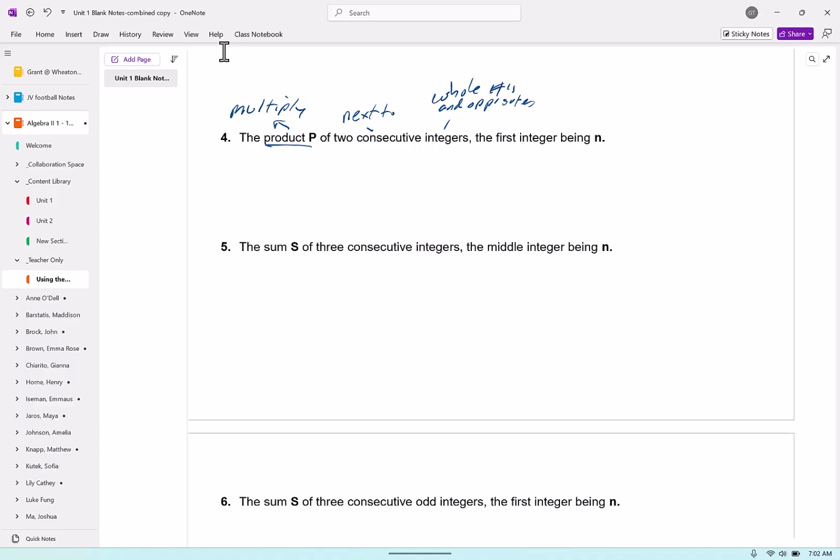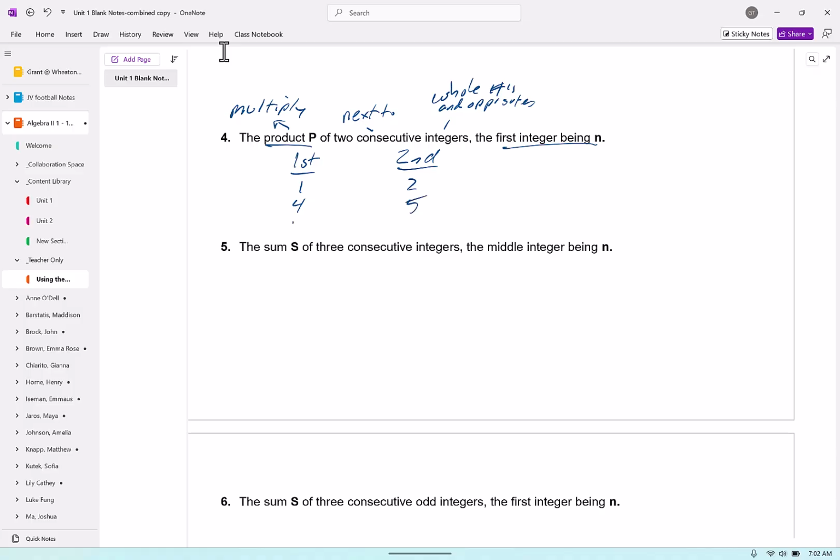We're going to represent the first integer as n. So let's say we have 2. This is the first integer, here's the second integer, so 2 consecutive. Let's do some examples first. If I started with number 1, the next integer, the next whole number, would be 2. If I started with 4, the next one would be 5.